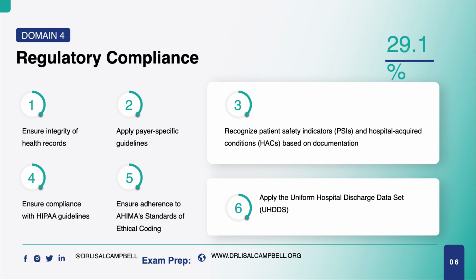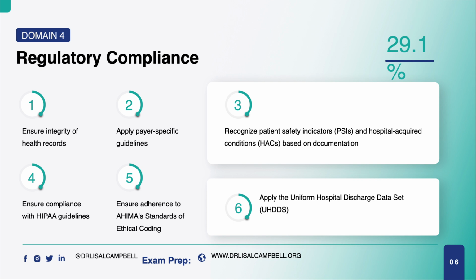And when I look at these 6 tasks that you are expected to be able to perform on the CCS exam, I think it's important that I do a call to action on a couple of things. And I'm not going to go in order because I want to be very intentional about a few things.